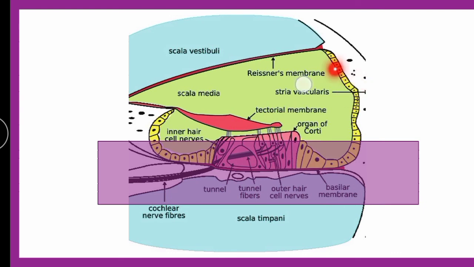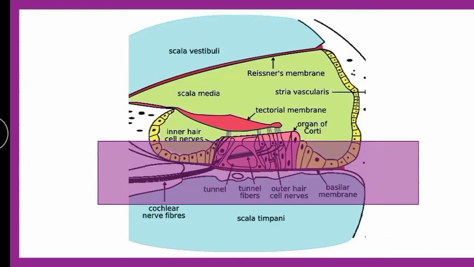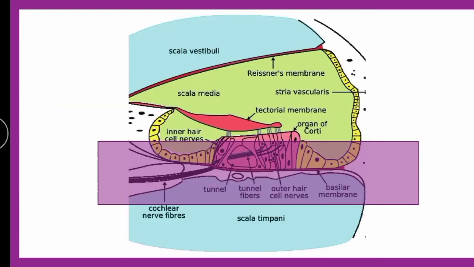So in between the scala media and scala tympani there is a basilar membrane. So the question is, the basilar membrane is present in dash. The correct answer is the scala media and scala tympani, wherein the basilar membrane is present, and Reissner's membrane is present between the scala vestibuli and scala media.